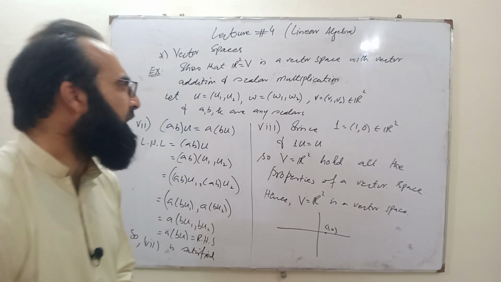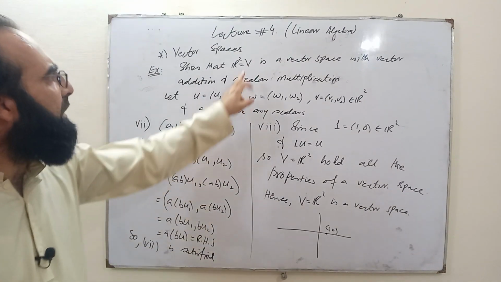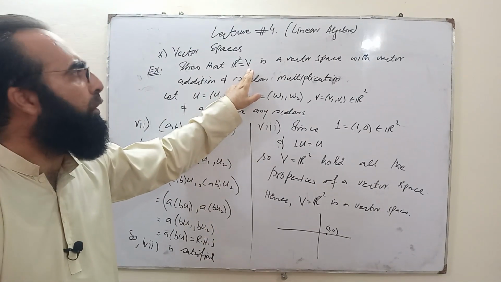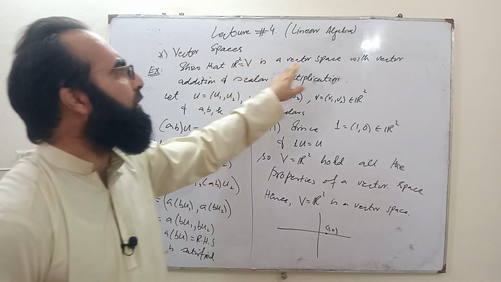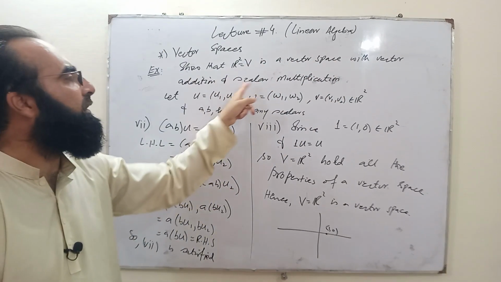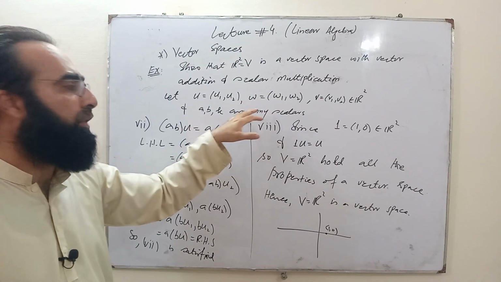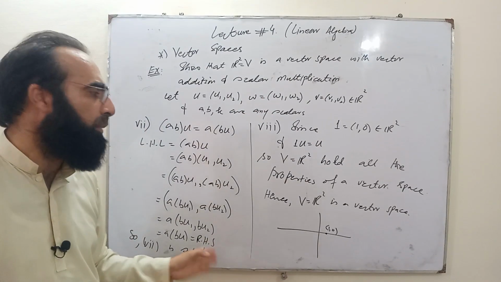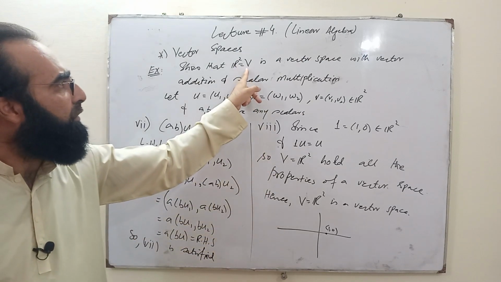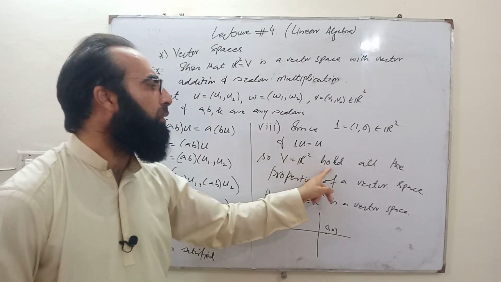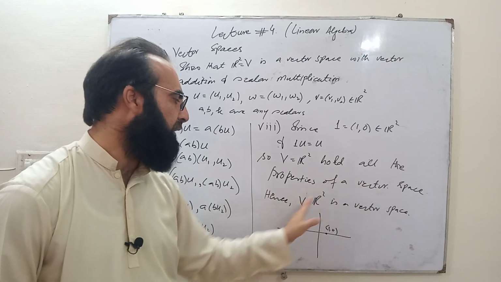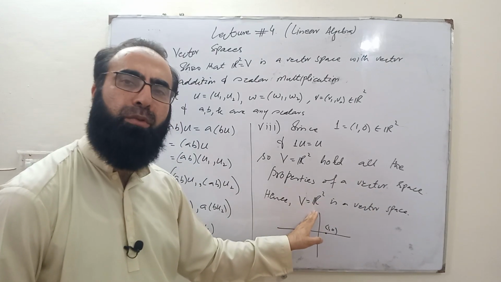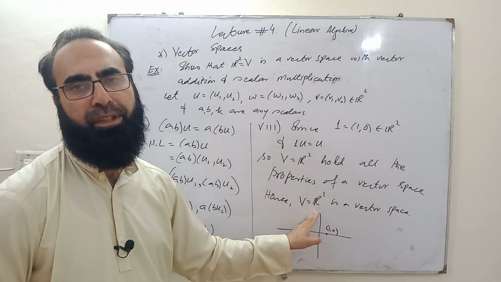So it means that this non-empty set, which was closed with respect to vector addition and scalar multiplication, also satisfies all the 8 conditions of a vector space. So V equal to R squared holds all the properties of the vector space, hence V equal to R squared is also a vector space.